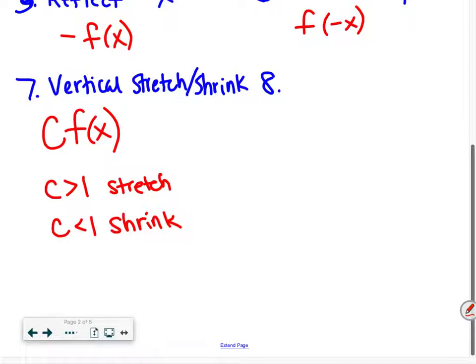Okay. How do you apply this? If I have a vertical stretch of 2, what do I do? If you have that x squared and you stretch it vertically by 2, how do you figure out where those y values go?